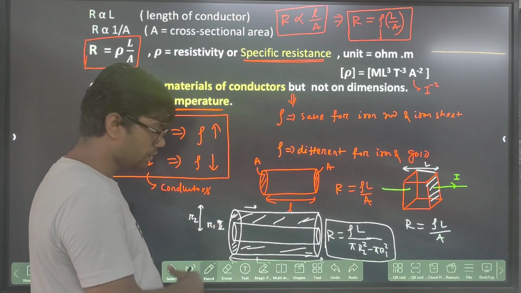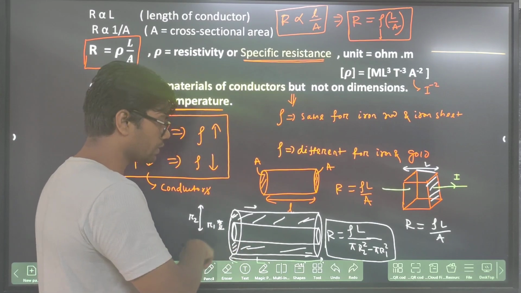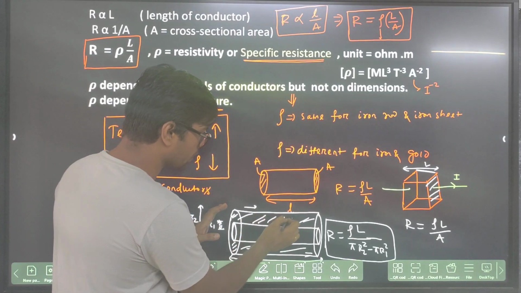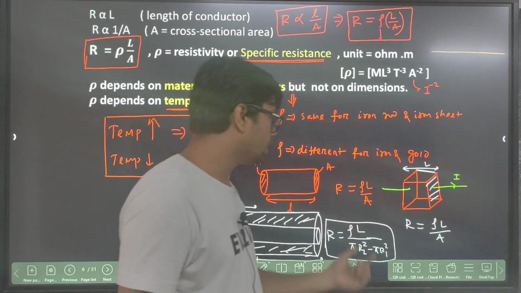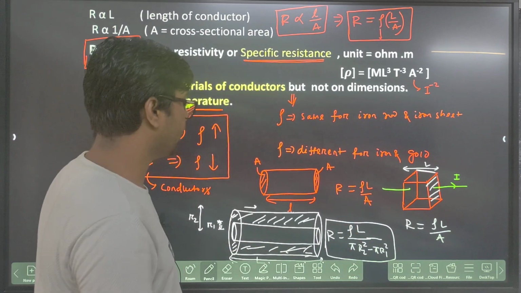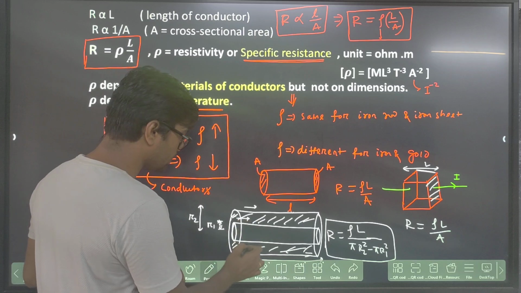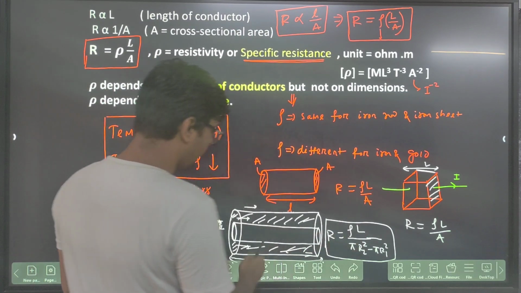Inside it is hollow. The inner cylinder is hollow, but the outer cylinder you can take as equivalent to a conductor. Clear? Here the current is flowing, so resistance will be rho L by area.